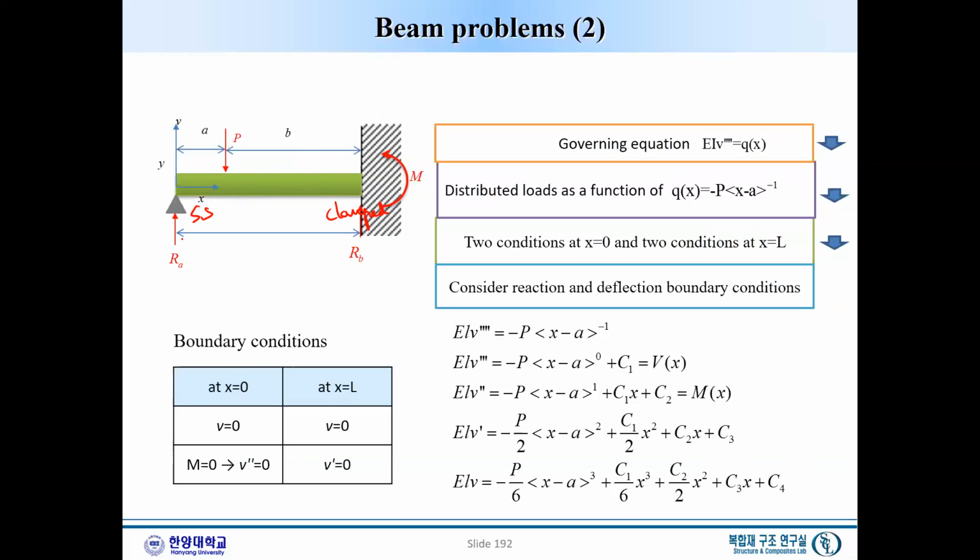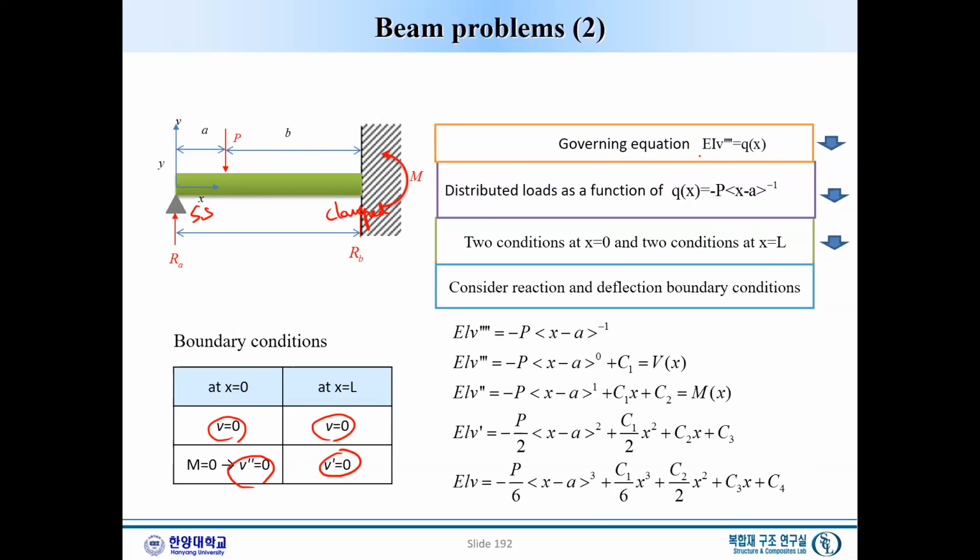At the simple support, there will be V equals 0 and moment equals 0. Okay, those are the boundary conditions. At x equals L, there will be V equals 0 and V prime equals 0.